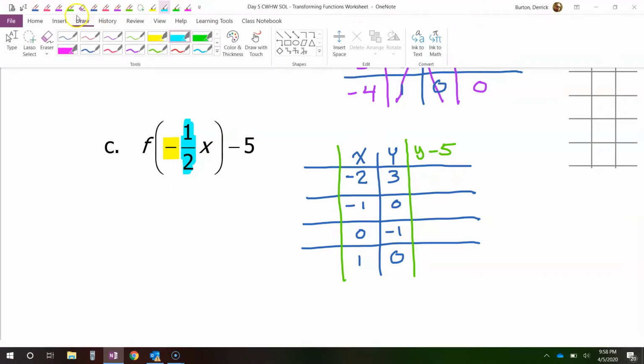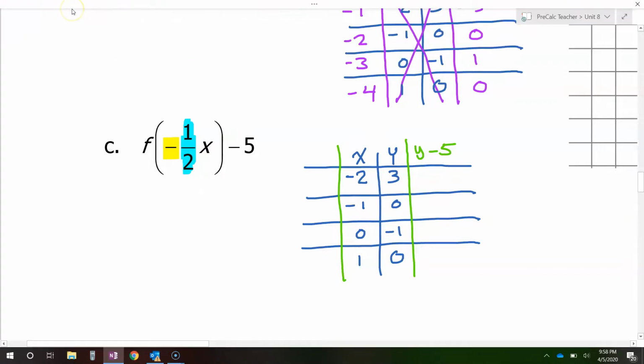Okay, so because of that negative sign, yes, I'm going to have the opposite of x. The negative sign will give me a negative sign. But this 1/2, which is dividing by 2, we're actually going to do the opposite and multiply by 2.